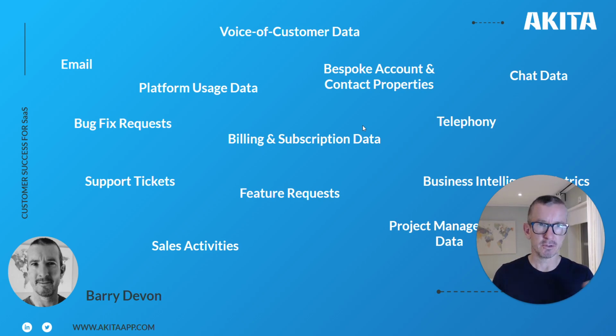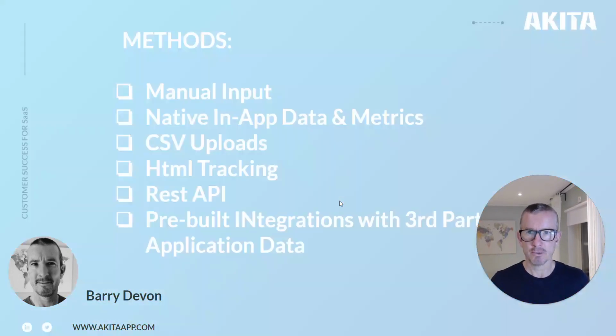All of those individual sources of data are very helpful in isolation, but if you combine them together, obviously they're going to fuel insights that are going to help maximize whatever your North Star metric might be, whether that's NRR, customer lifetime value, or whatever your bespoke North Star metric is that you run your business by. So there's a lot of data. How do we get that into one place?